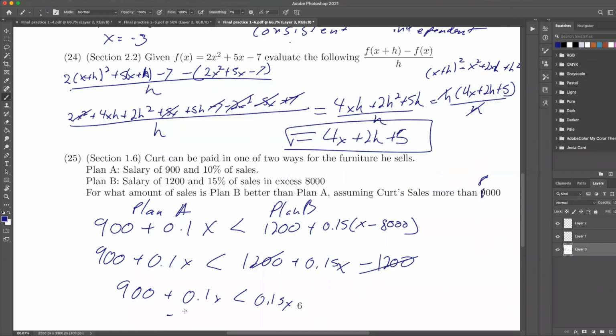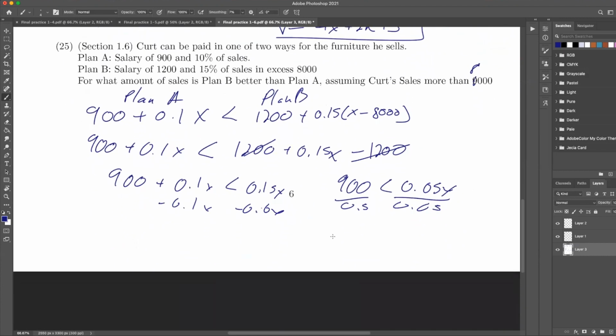Hmm, so we subtract 0.1x from both sides. And so we have 900 is less than 0.05x. We take the 900, and then we're just going to divide by 0.05 to finish this. So x is 900 divided by 0.05.